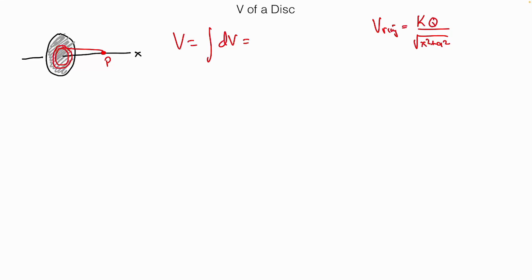So let's call this distance x, and then we're going to call, dangerously, r the radius of the disk now. Mr. Balogh, you're changing the definition of r on me. Back when we did the ring, we used a.